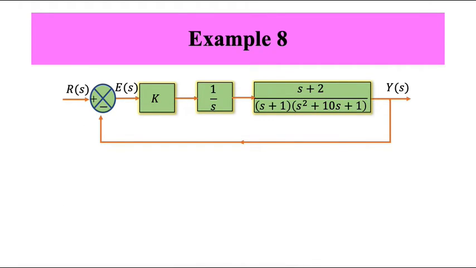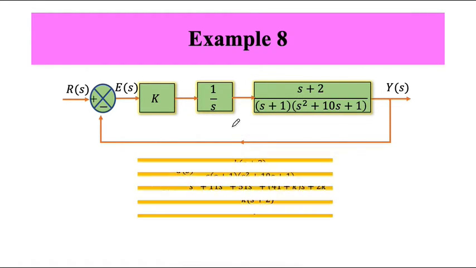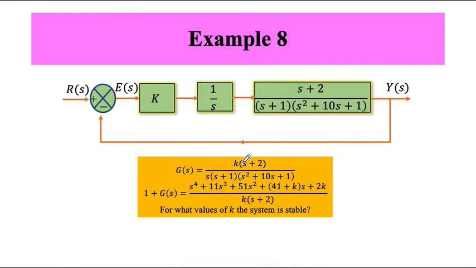Here H is 1, this feedback is 1. So we can modify the loop gain as G(s) equals K over s plus 2, where H is equal to 1 over here.